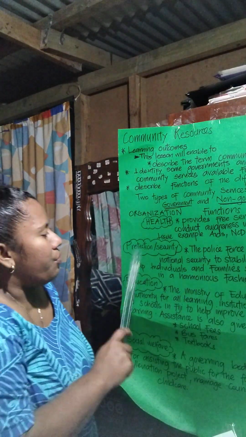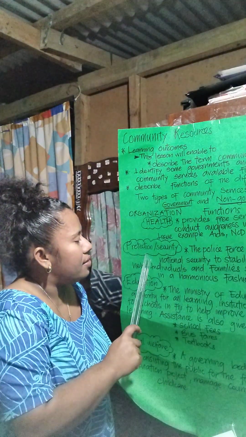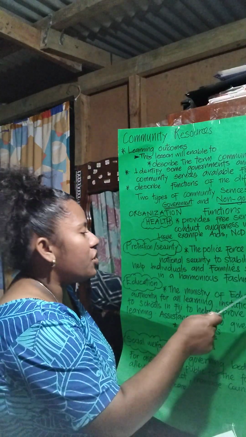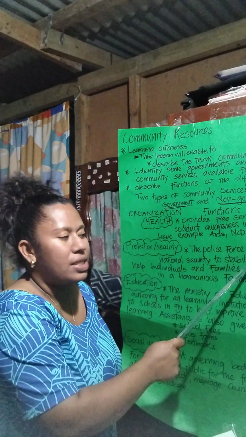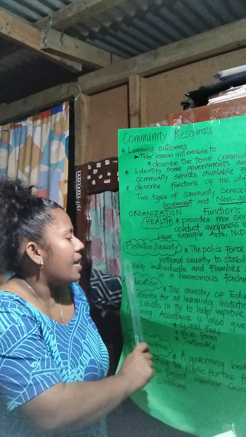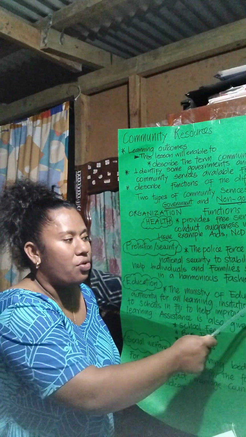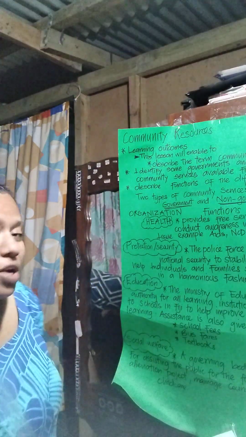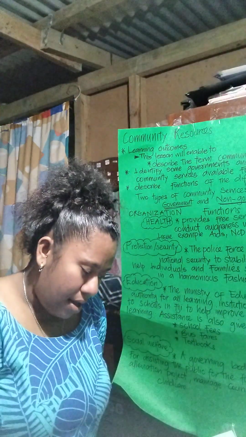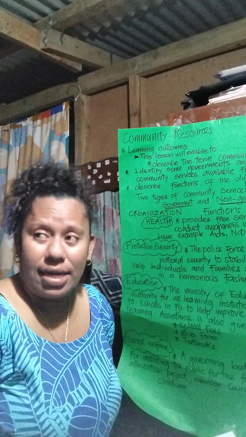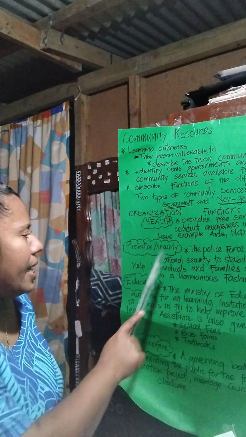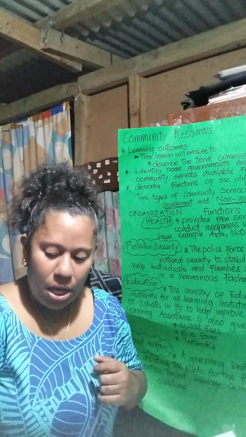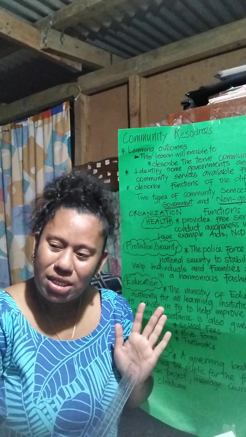Moving on, we have protection and security. This is where the police force and military provide national security to stabilize the country. They help individual and families stay safe and go about life in a harmless fashion. For example, as I'm talking right now, we are having an issue where students are involved.